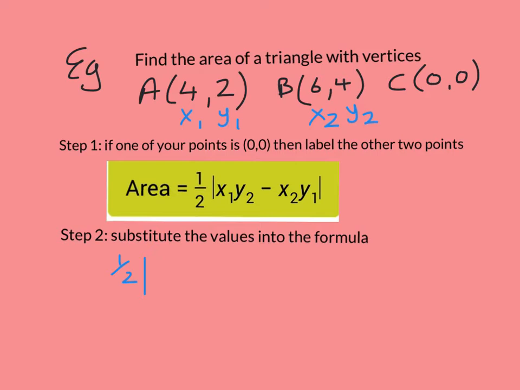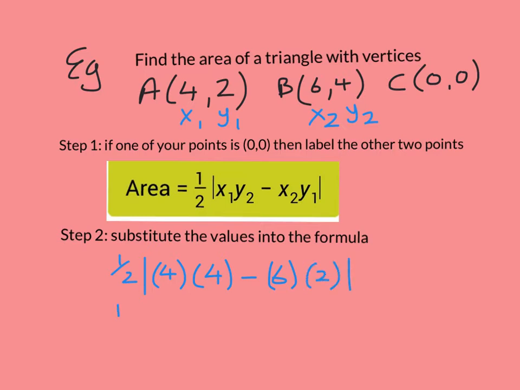Okay, so we're going to go ahead and substitute in our points. I have x1, which is 4, and I'm going to put these in brackets because they multiply. I have y2, which is also 4, minus x2, which is 6, and then y1, which is 2.